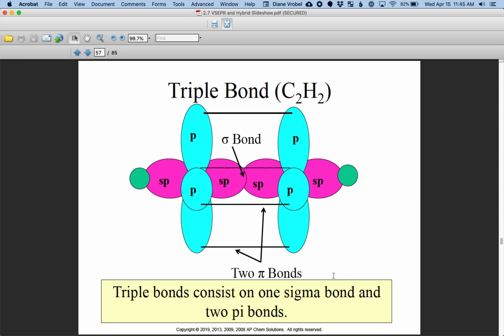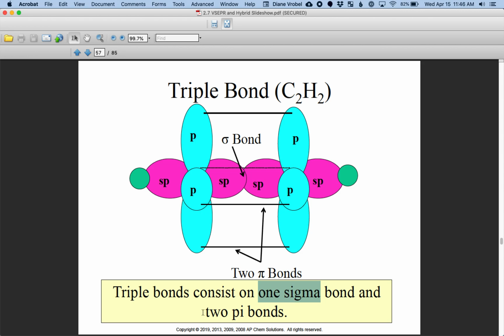In order for this to happen, the amazing thing is that the molecule creates one sigma bond, and notice that the one sigma bond is actually the sp orbitals overlapping. That's where you have two electrons being shared. And then you have two sets of p orbitals. So you have a vertical set of p orbitals, and then you could argue you have a horizontal set of orbitals that are sticking out of this drawing here.